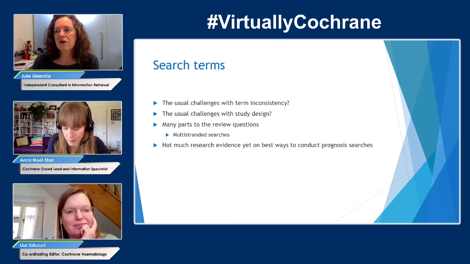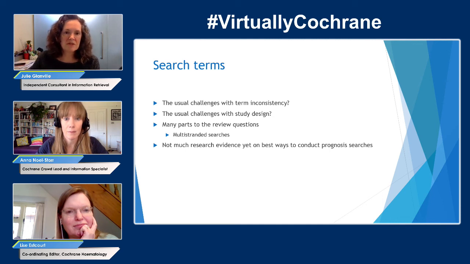I think we don't know yet, but multi-stranded searches are potentially going to be useful in this field as well, given the fact that a simple two concept combination is unlikely to be sensitive enough. And we need more research in this field. What are effective ways of searching for prognosis studies?